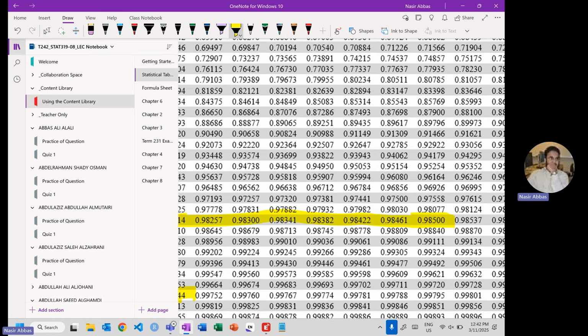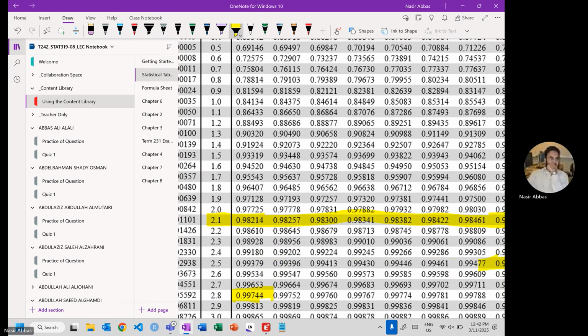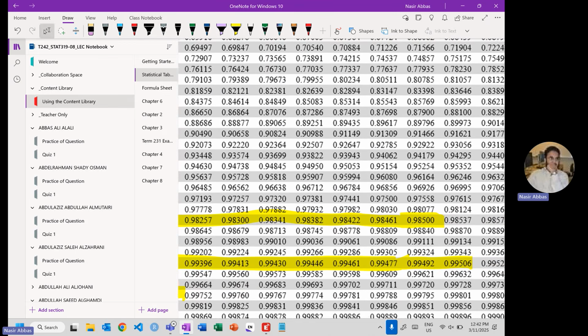Inside the table. Here, right? This is between which two values? This is between 2.57 and 2.58, and it's almost in the middle of the two.